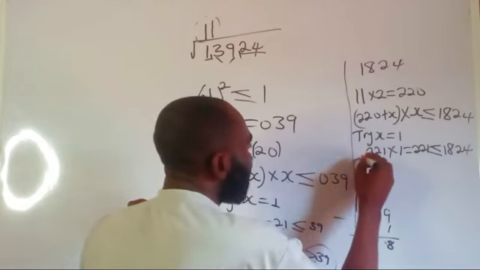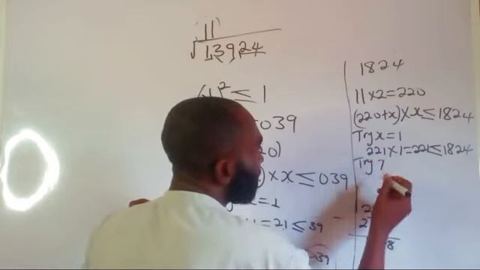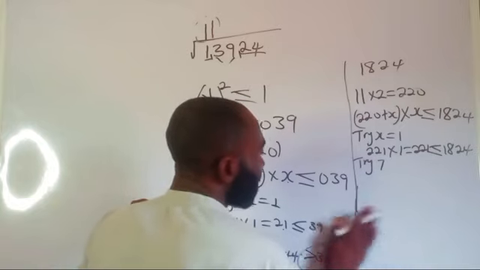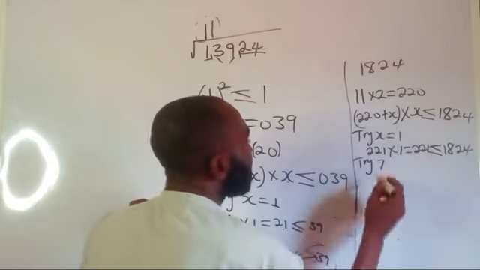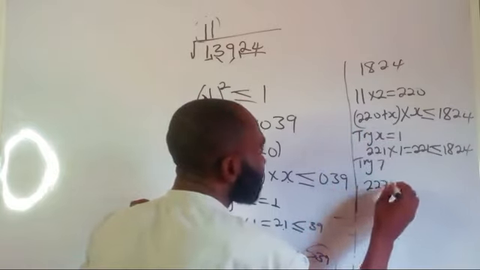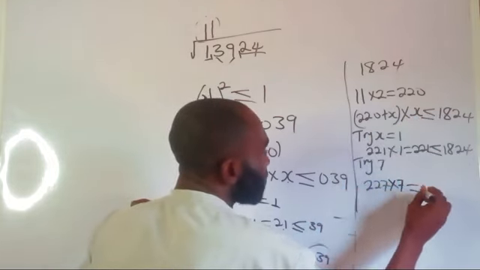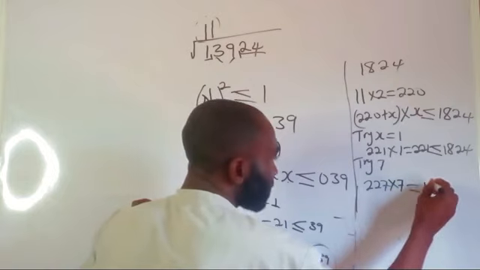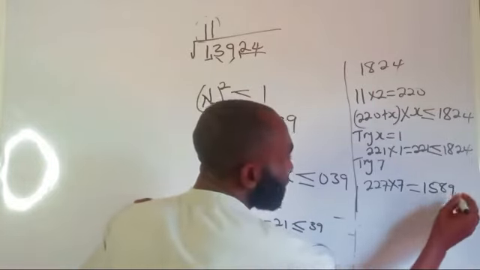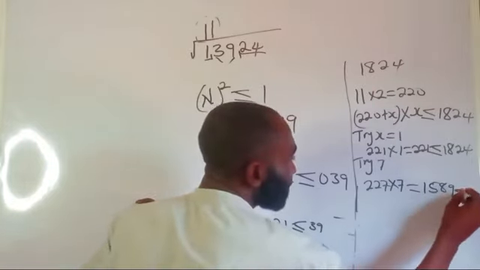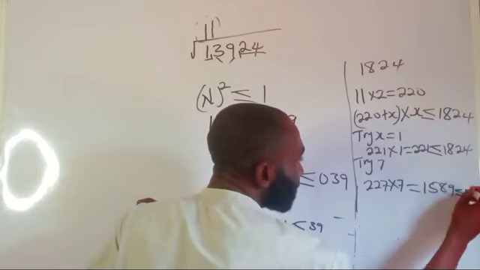So now let's try 7. When x is equal to 7, 7 plus 220 will give us 227. Then times the same 7 is going to give us 1589. Is it less than or equal to 1824?